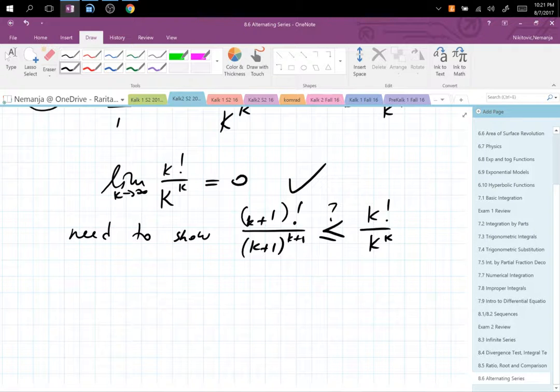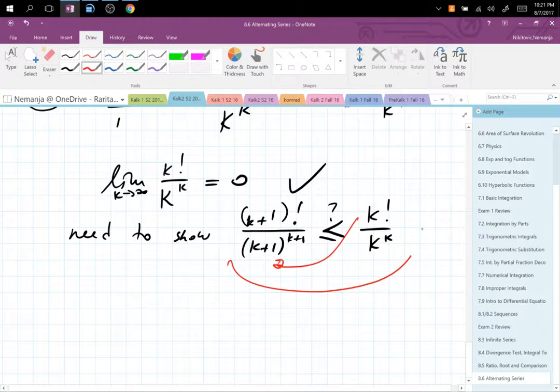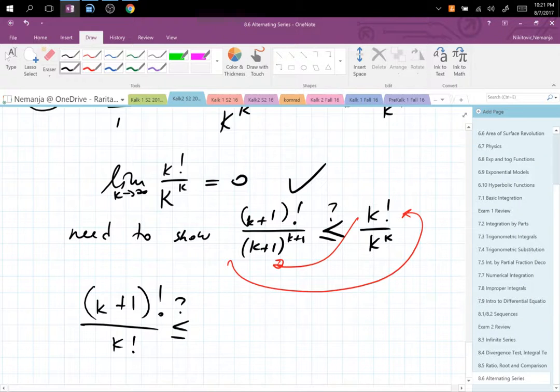What I'm going to do is take this term and bring it here, and take this term and bring it up there. So I'm going to swap the terms. So I will have (k plus 1) factorial over k factorial smaller than (k plus 1) to the k plus 1 over k to the k.